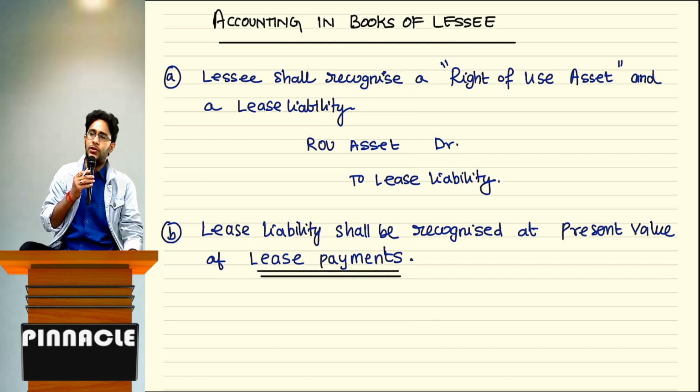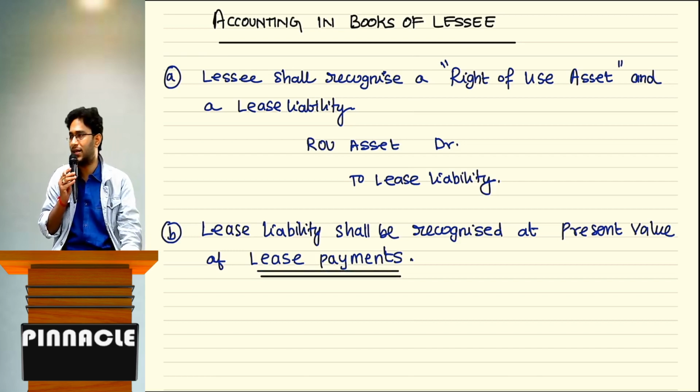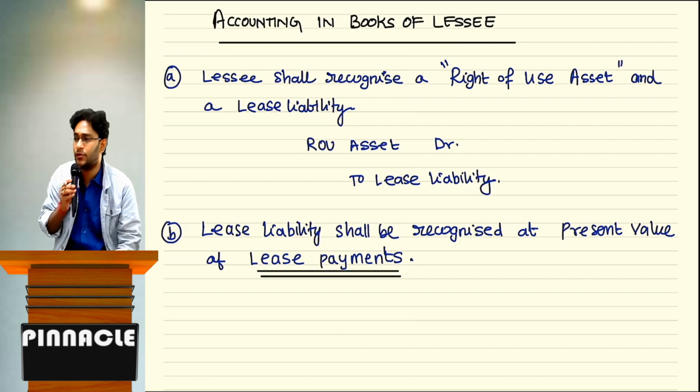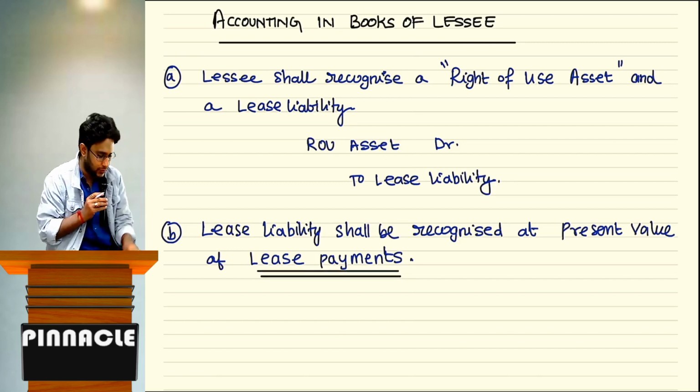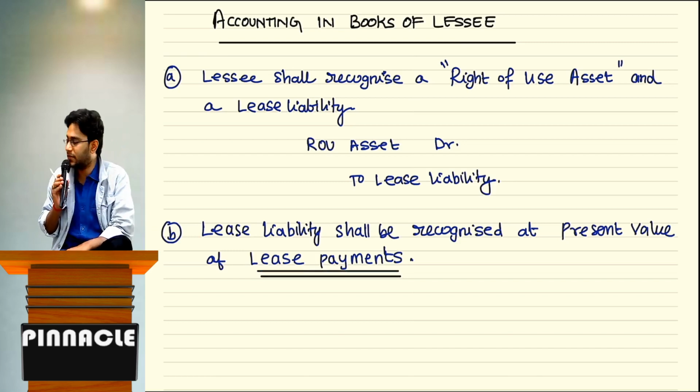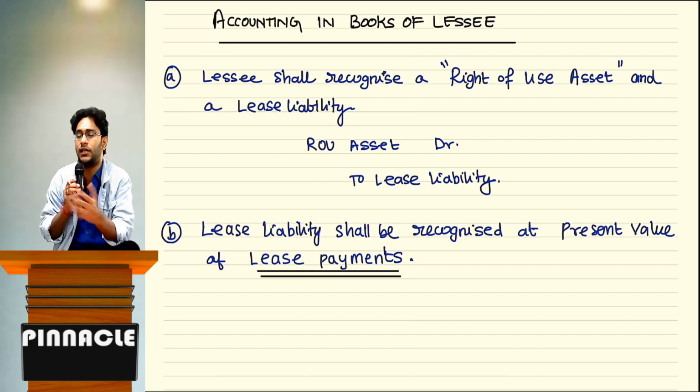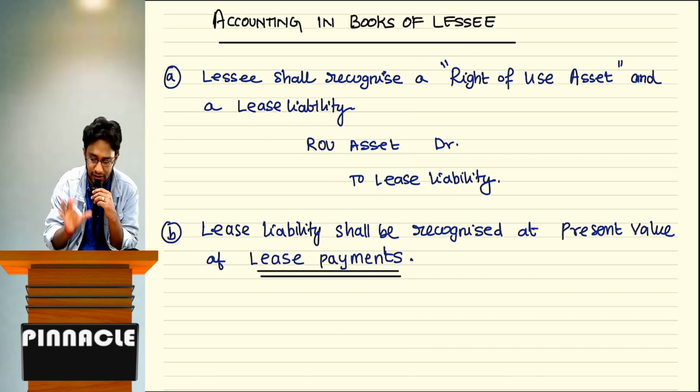Now, normally when we casually talk about leases, we call this a lease rent. But the standard does not use the word lease rent, it uses the term lease payments. So in this, all kinds of payments you make under the lease are covered.